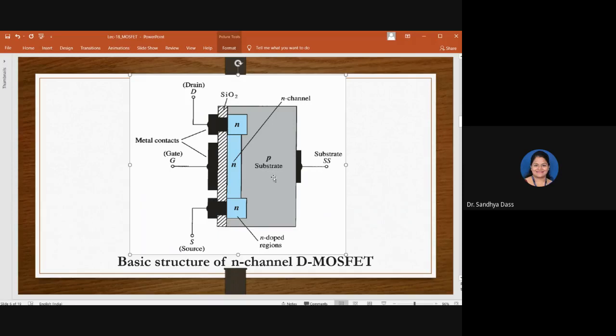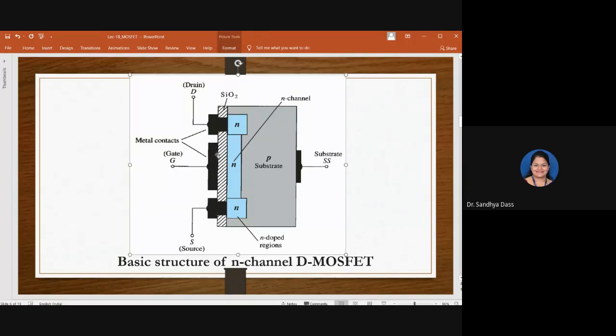So one lead is connected to the substrate, which is termed as SS, right? And the other leads with the metal contacts here are drain, gate, and source.